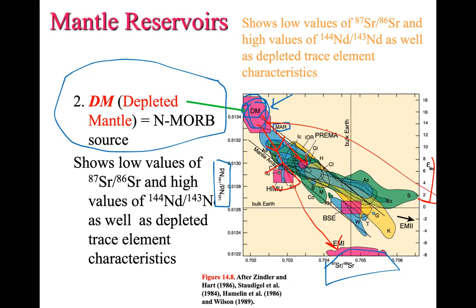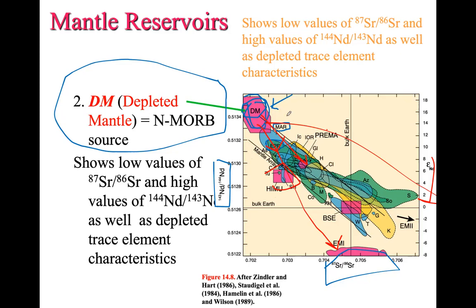Okay, so these types of situations are there, which we can use in geochemical modeling, and also we can determine the isotopic composition of our sample and plot it in a standard diagram like this with these mantle reservoirs, so that we will be able to find out what kind of component has affected its composition.